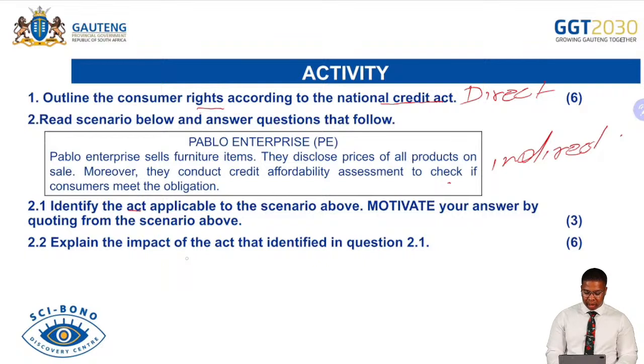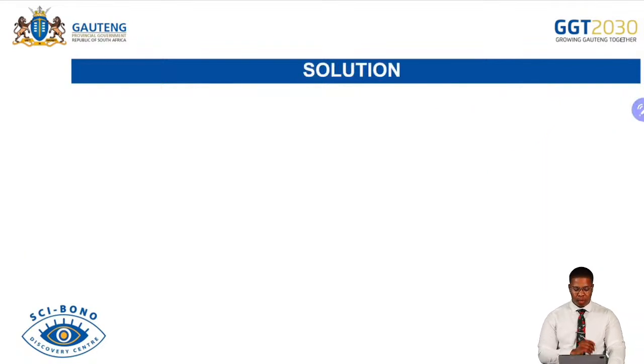Pablo Enterprise sells furniture items. They disclose prices of all products on sale. Moreover, they conduct credit affordability assessments to check if consumers meet their obligation. Now, identify the act applicable to the scenario and motivate your answer by quoting from the scenario. Then 2.2, explain the impact of the act identified in 2.1.